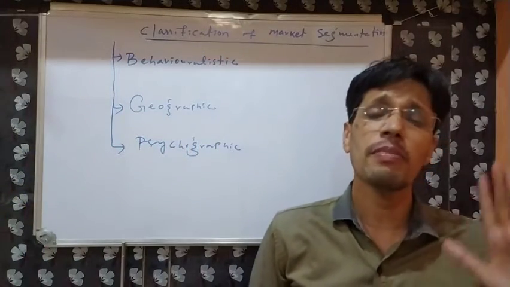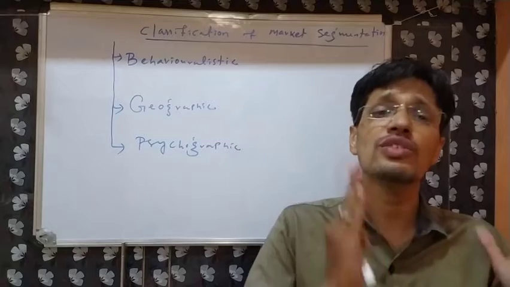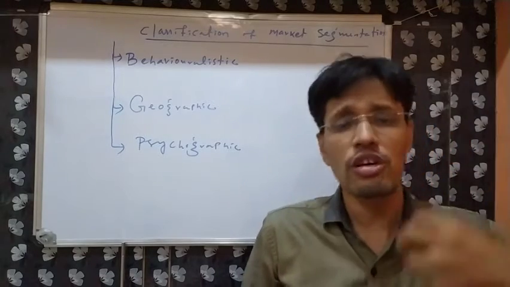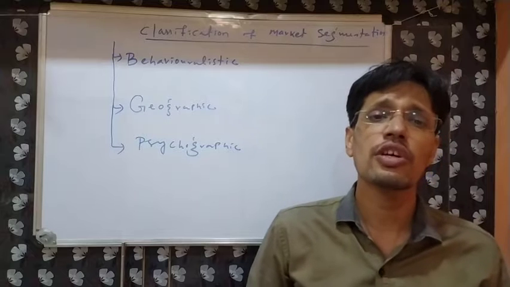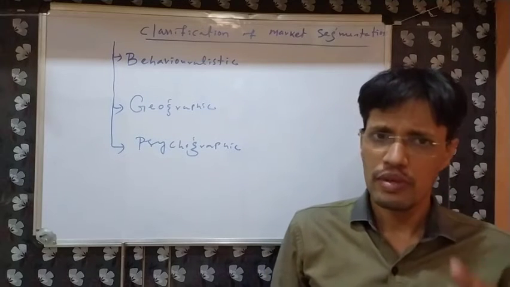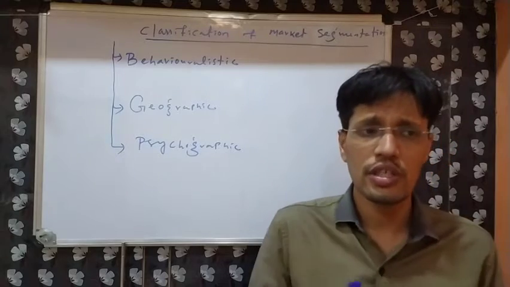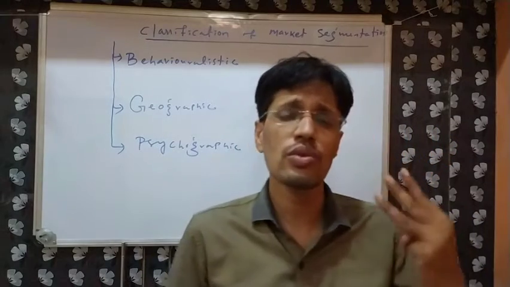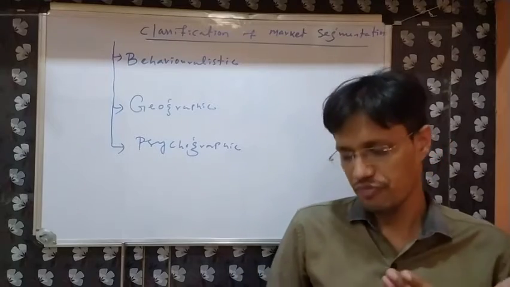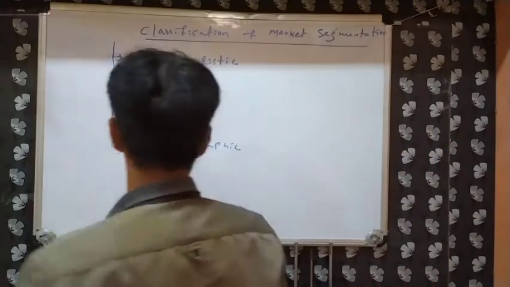Whenever the marketer wants to segment the market according to behavior, he majorly considers 3 varieties of consumers. He categorizes the market into 3 varieties of consumer according to their loyalty. So friends, what are those?